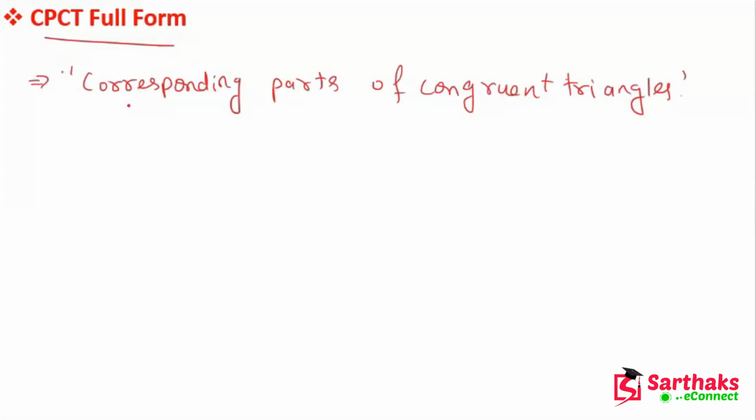While dealing with the concepts related to triangles and solving questions, we often use the abbreviation CPCT. Because the full form is very long, we use CPCT most of the time in most of the questions. Got it, my dear friends?